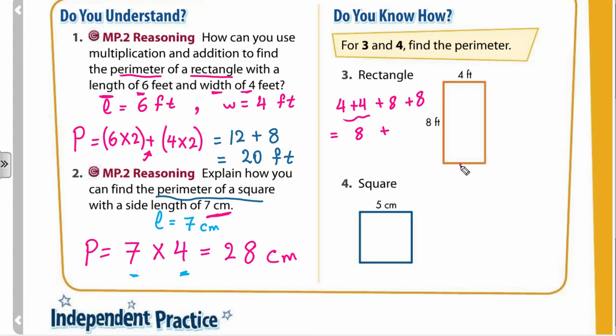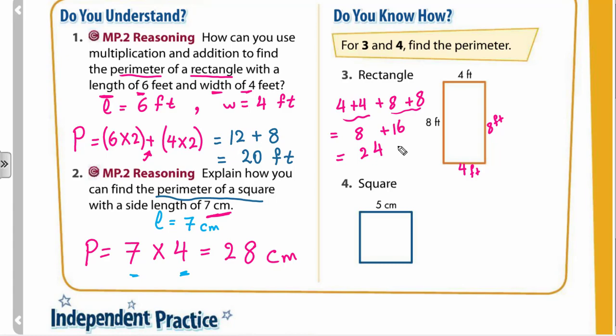Great. So you want me to write here 4 feet and here 8 feet. Okay, and 8 plus 8 you said 16. So the final answer is 24. And the unit?